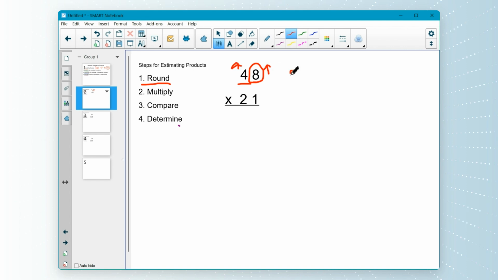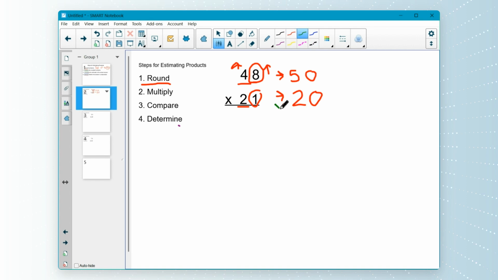So my 48 is rounding up to 50 right there. Now, in the number 21, I'm looking at my tens place that has a 2, and the ones place has a 1. That 1 actually goes with 4 and below, so I am going to let it go and keep that 2 as a 2.